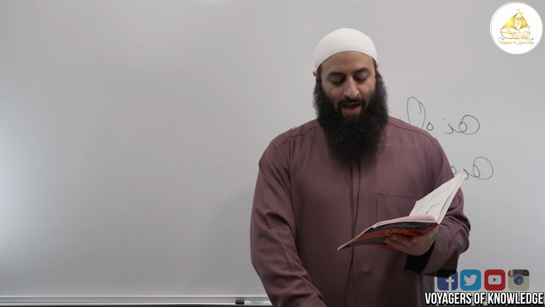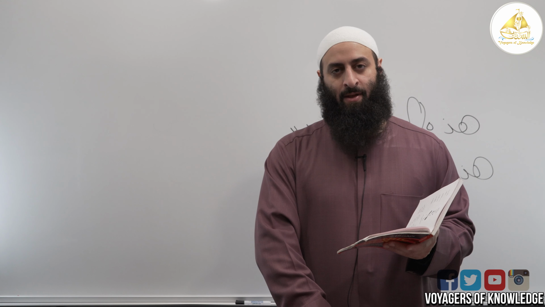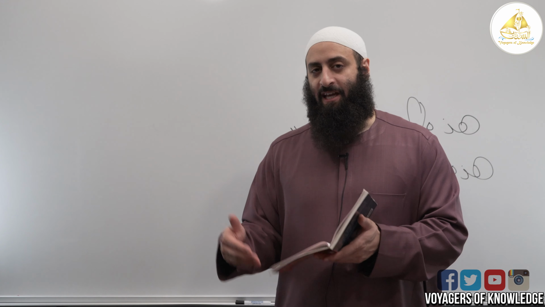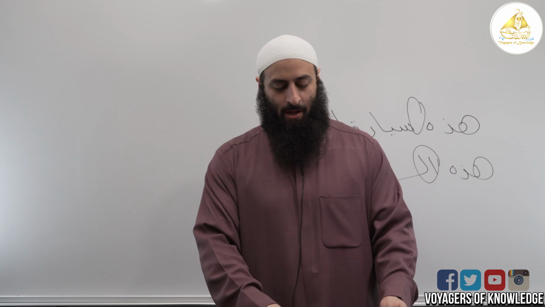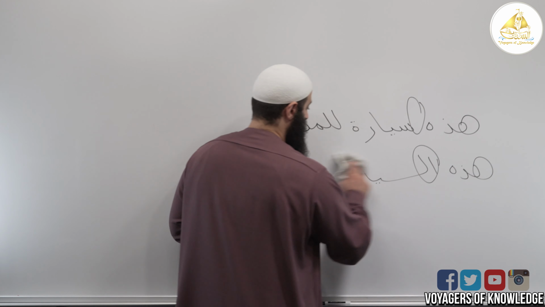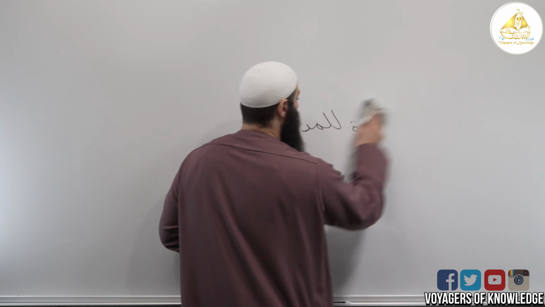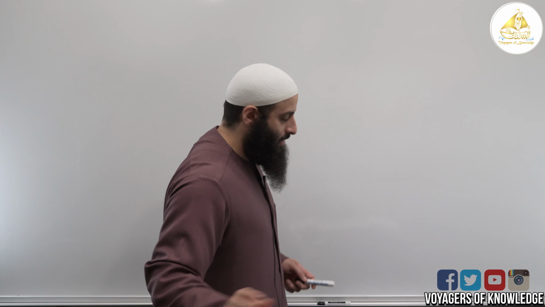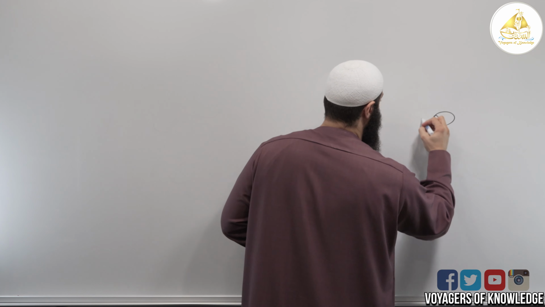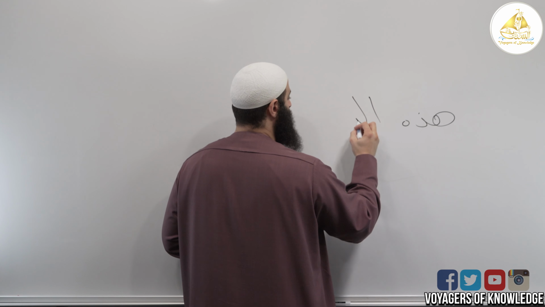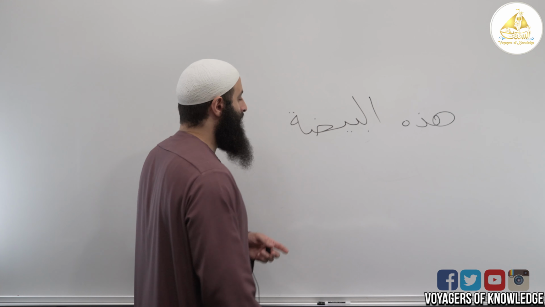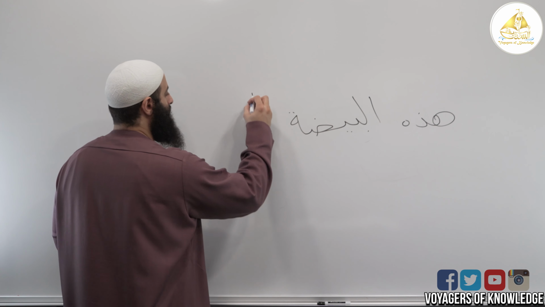السؤال الثامن. هذه بيضة كبيرة. هذه البيضة كبيرة. That egg is big. All right? And I'll show you what happens when you add lam or alif lam to a word when it shouldn't be added. هذه البيضة كبيرة.